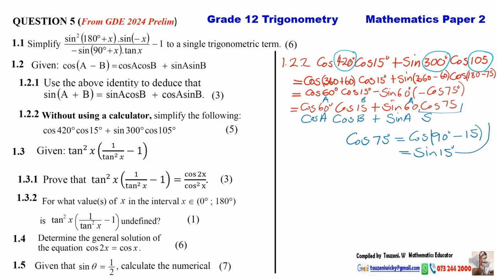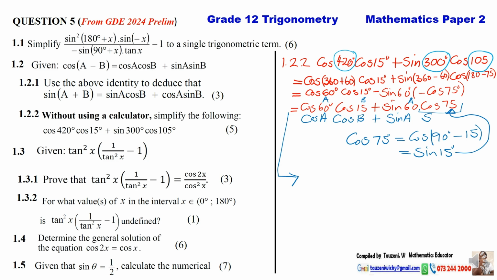So in place of cos 75 degrees, I can put sine 15 degrees. That will now allow me to apply the compound angle identity. Once I do that, it becomes easier to determine the answer that is required for this particular question.